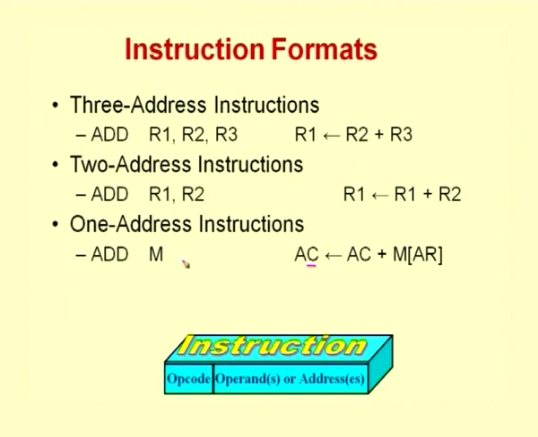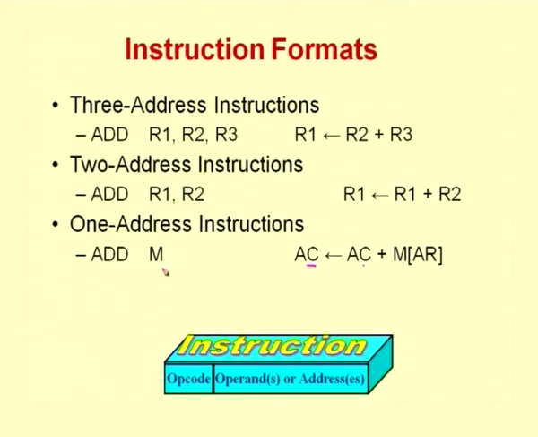So, this means that the contents of memory location M, the value that is there in this memory location, is taken and added to the value that is already there in the accumulator and stored in the accumulator. Now, because this accumulator information is implied, it is not specified over here explicitly, because we know that whenever we do any add operation, it is always done with respect to an accumulator.